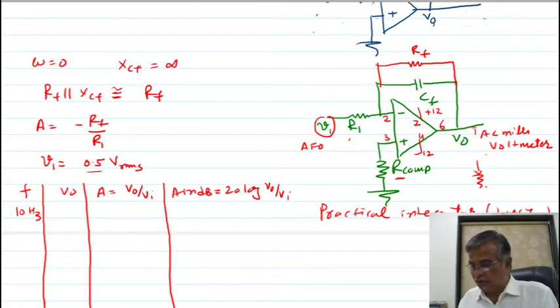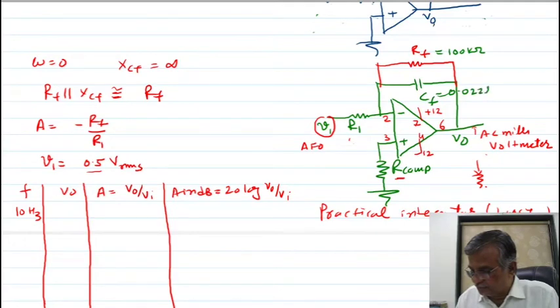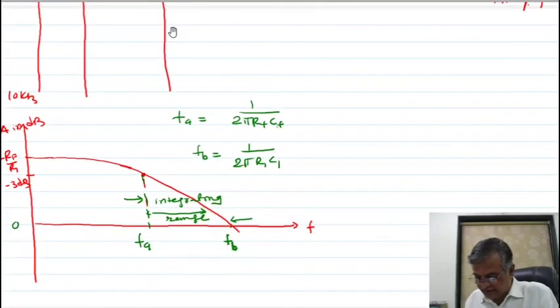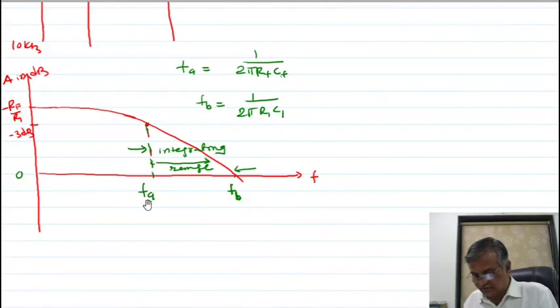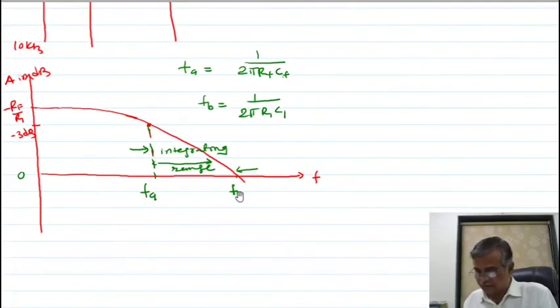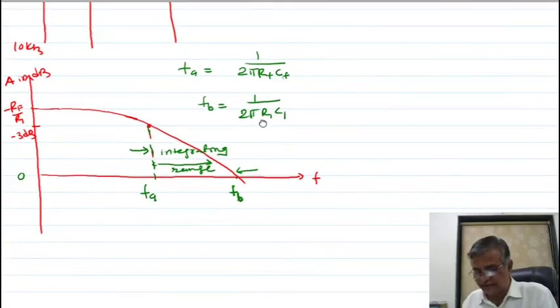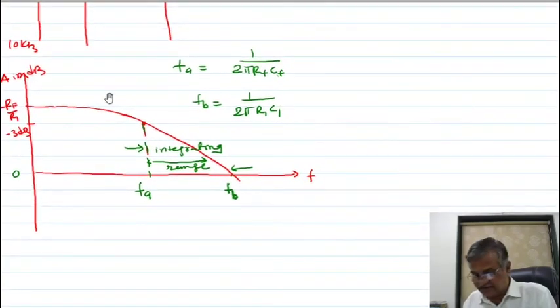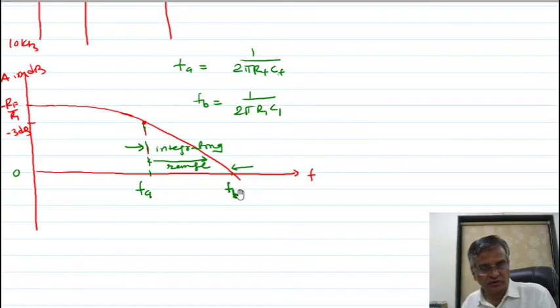If I give the values, this is 100K, this is 0.022 microfarad, this is 10 kilo ohm. Do the experiment and check the values of FA and FB. Already I have given the values of RF and CF. You calculate these values, do the experiment and see whether you are getting this or not.